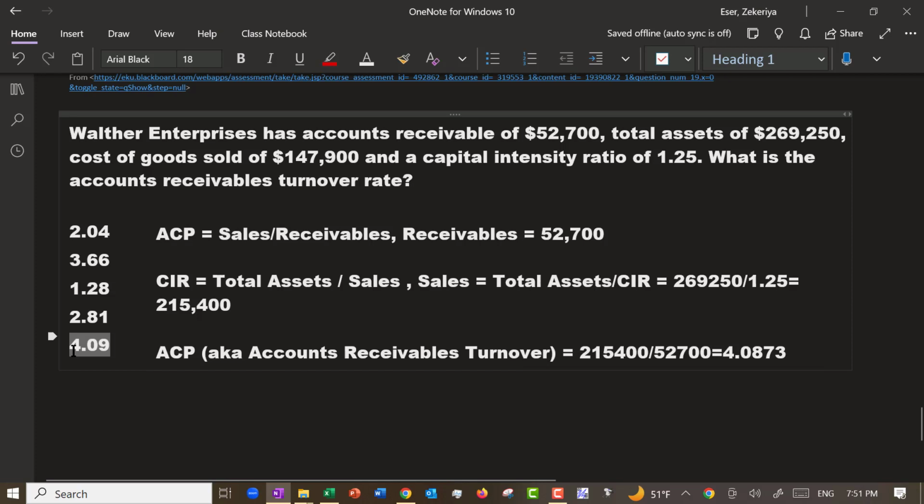That's the answer. Round it up to 2 digits. Again, key was recognizing what you needed. I needed sales. Among the information given, which one does include sales? Well, this one does. Since I knew total assets, figuring out sales was not a problem.